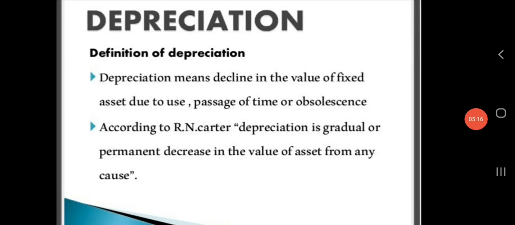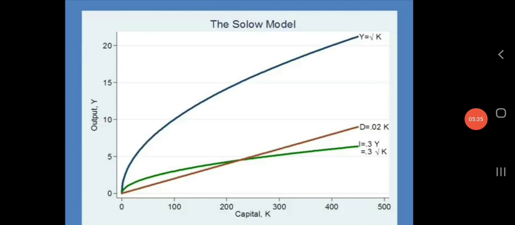The next important concept we should understand is that of capital depreciation. Depreciation means wear and tear. So on screen you can see depreciation definition. Depreciation means decline in the value of fixed asset due to use, passage of time, or obsolescence. So let us bring the concept of depreciation into our model.